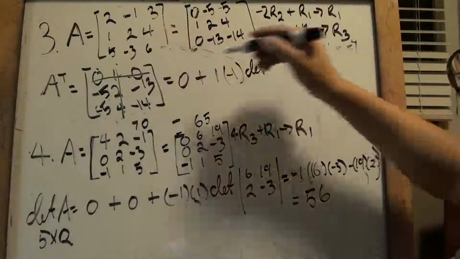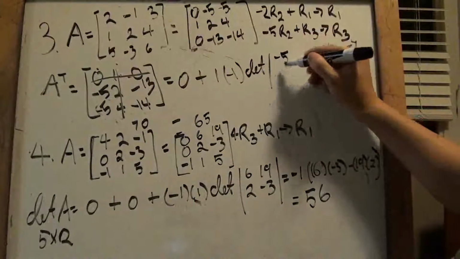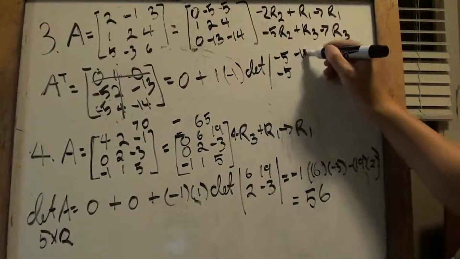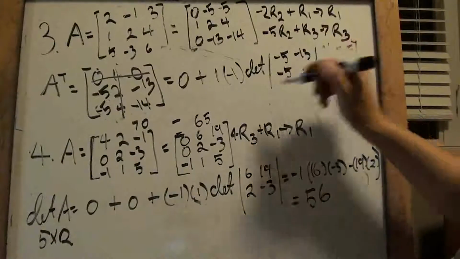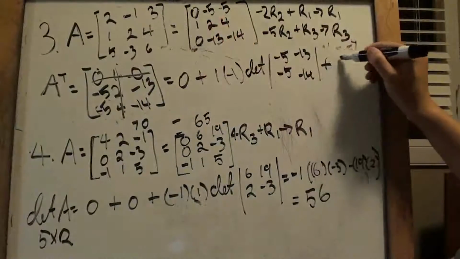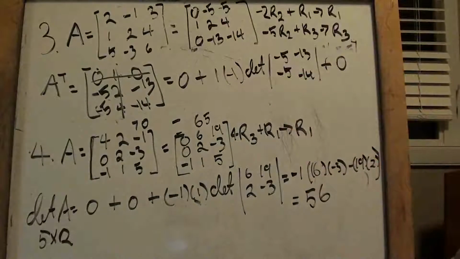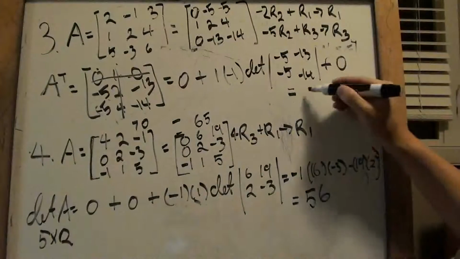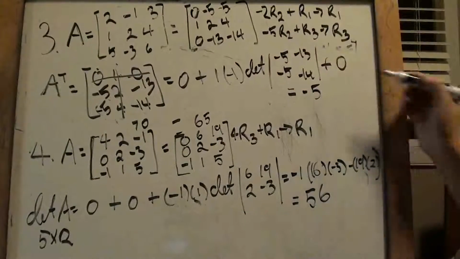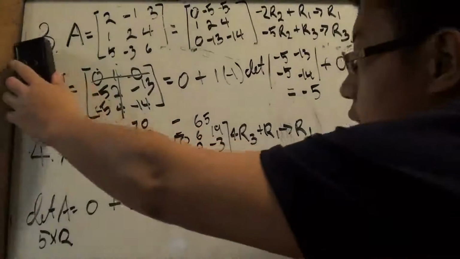You have this 2 left, so it's going to be -5, -5, -13, -14, and then 0 is whatever, times anything is 0. And we've seen this before, right? So that's going to equal -5 again. So that's all there is.